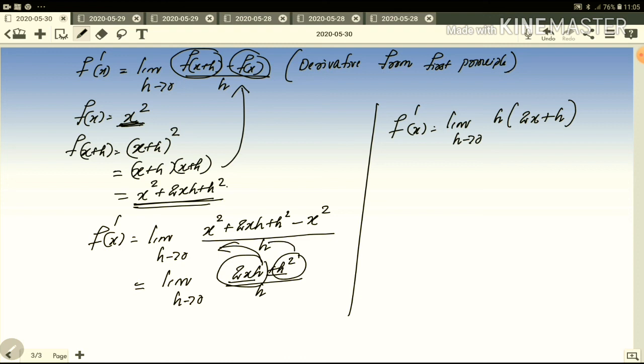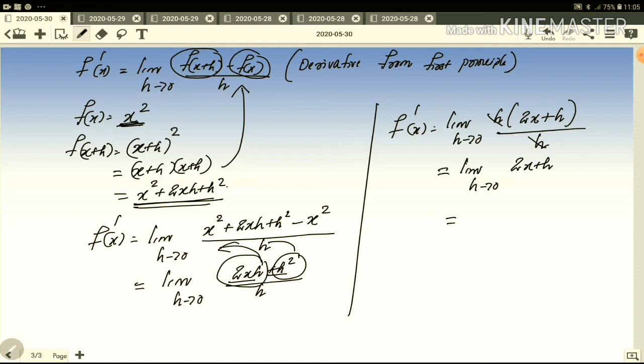So inside the bracket, 2x plus h, divided by h. Now we can cancel h in both numerator and denominator. So you will get limit h tends to 0, 2x plus h. Now it is free. There is no denominator, so there will not be any undefined condition.